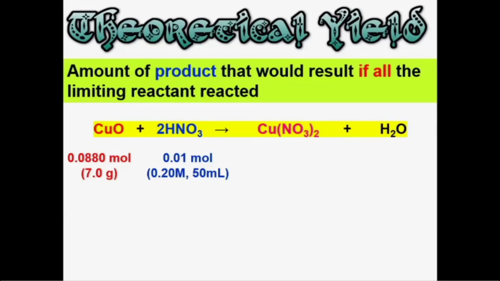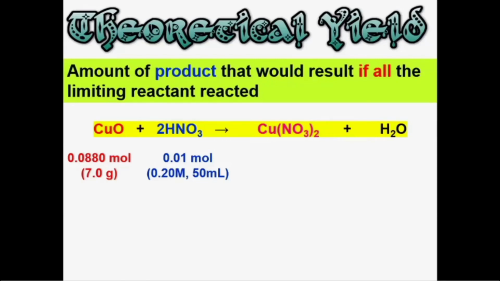Just now we have already determined that in this reaction, nitric acid is the limiting reactant, and that's why the moles of copper II nitrate that should be produced in this reaction depend on the moles of nitric acid.